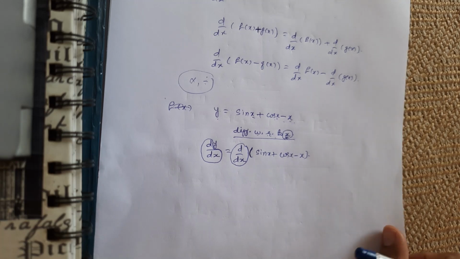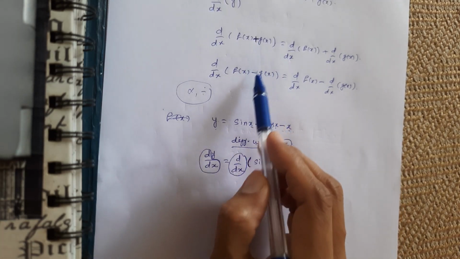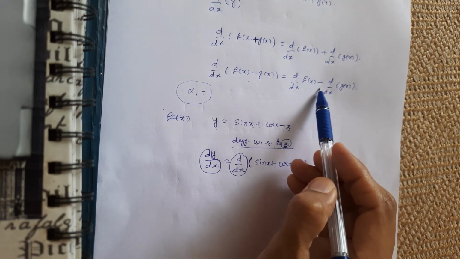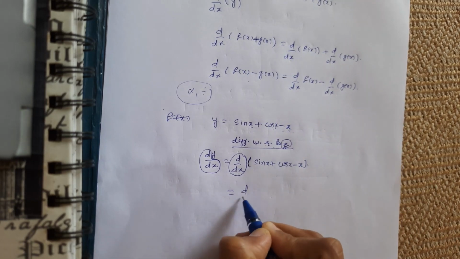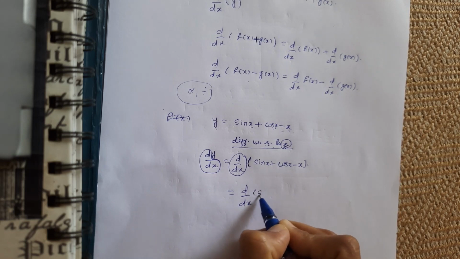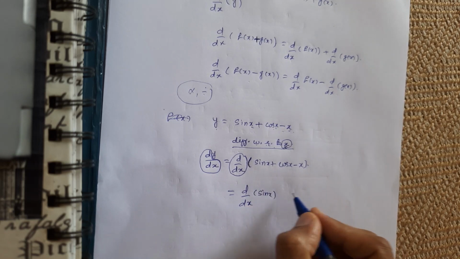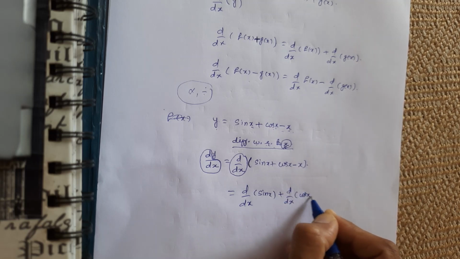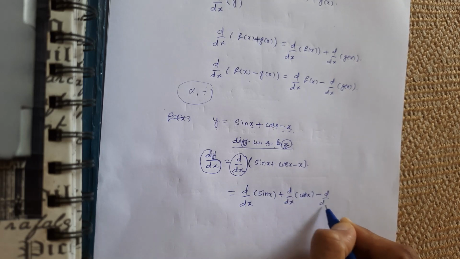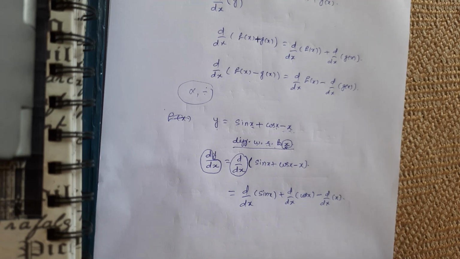Now from the addition and subtraction rule, we can separate addition and subtraction within the derivative. So this gives me d/dx of sin x plus d/dx of cos x minus d/dx of x.